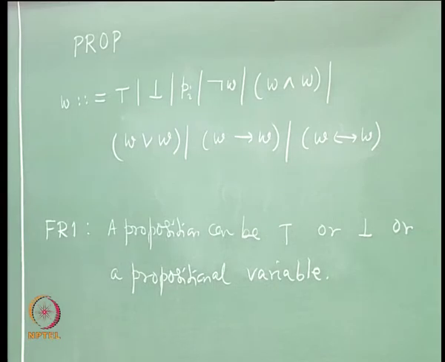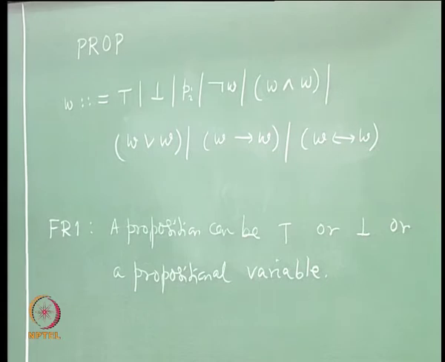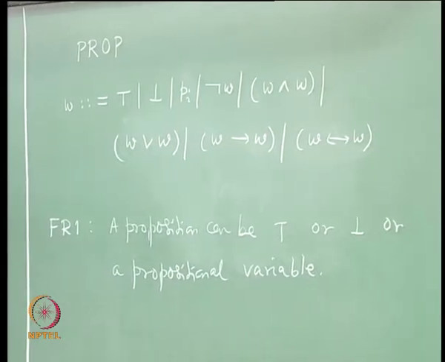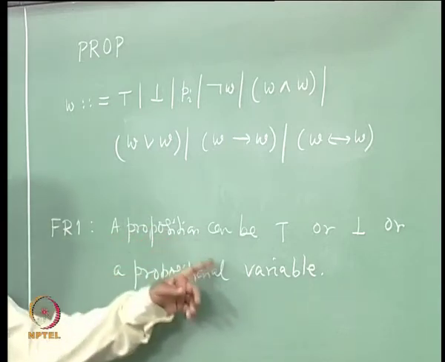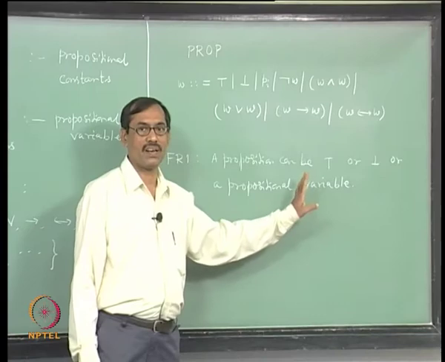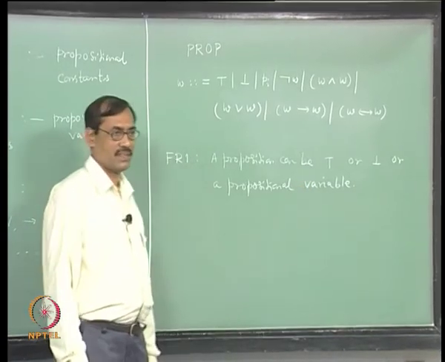In another way you can declare it: every atomic proposition is a proposition. That is another way of writing the same thing, because top, bottom and propositional variables are all called atomic propositions.